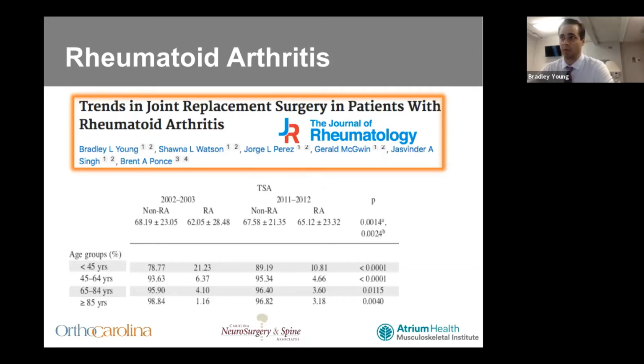This study, more importantly to this topic, showed that the patients that underwent total shoulder arthroplasty in 2012 were significantly younger than in 2002, indicating that patients are developing end-stage rheumatoid at a later date currently. So in light of this evidence, we can expect fewer young patients to present with shoulder arthritis secondary to rheumatoid in the future.